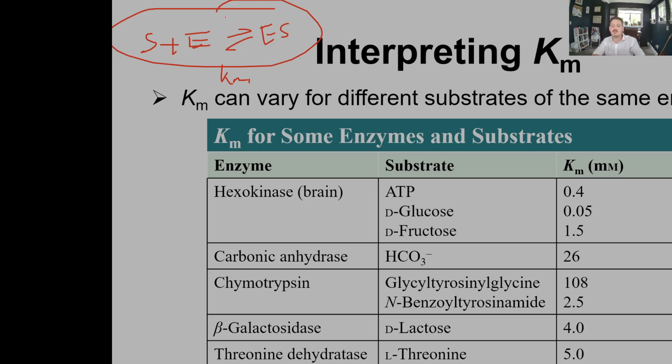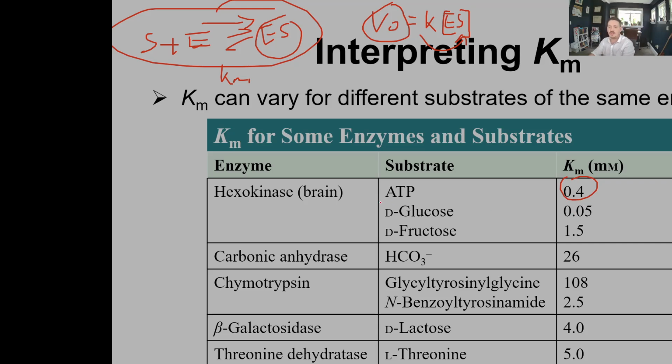It's telling us how much it wants to come together, because if the Km is lower, that's reflecting that this wants to come together more and is moving further to the right. And if you have more of this, then that's going to feed into your velocity reaction of K2 times ES. So if Km is lower, you're going to have more ES, and thus you're going to have a faster velocity. So a lower Km, more ES, more V0.